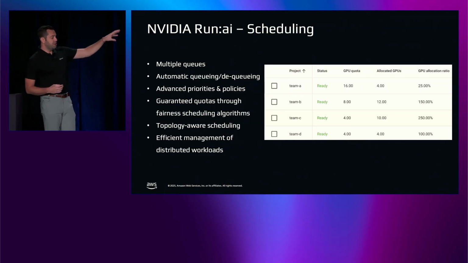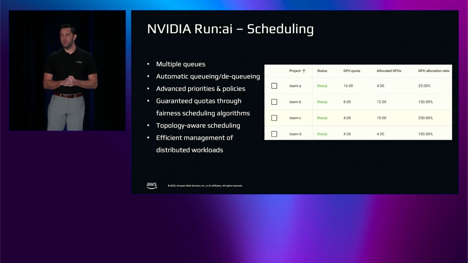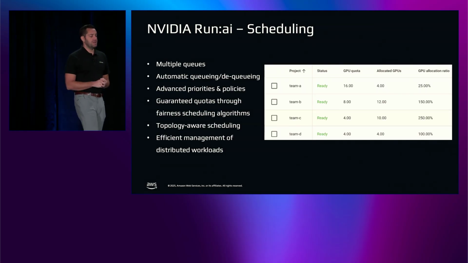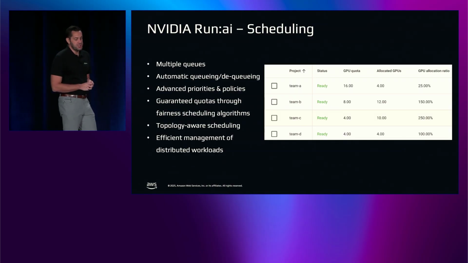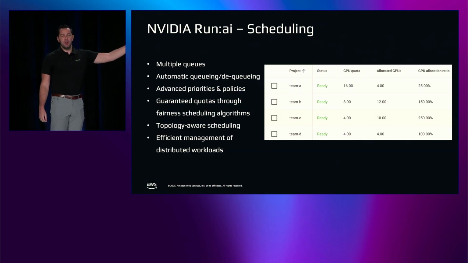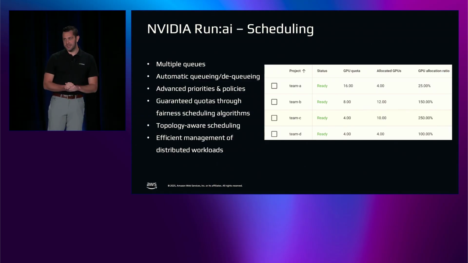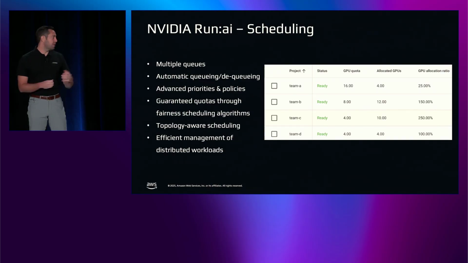This is essentially what you're looking at on the screenshot on the right. A lot of our customers will set up these projects, and these projects are given a guaranteed GPU quota. So if you look at that middle column on the screenshot, that's their GPU quota. So as a developer, as a researcher who's consuming this compute, you always know that you have compute available to you within the cluster, up to your GPU quota, right?